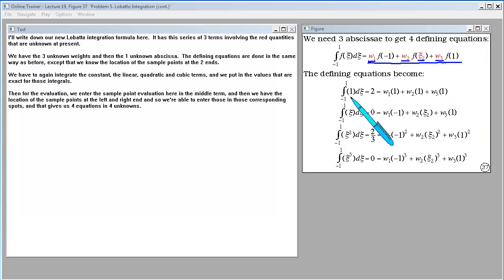We have to again integrate the constant, the linear, quadratic, and cubic terms, and we put in the values that are exact for those integrals. Then for the evaluation, we enter the sample point evaluation here in the middle term, and then we have the location of the sample points at the left and right end, and so we're able to enter those in those corresponding spots, and that gives us 4 equations and 4 unknowns.